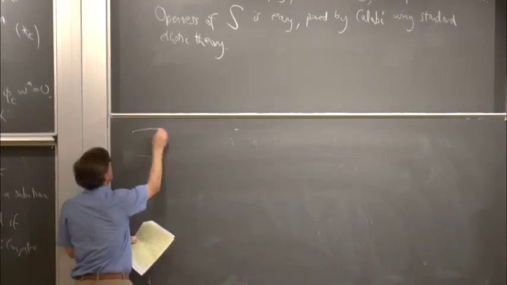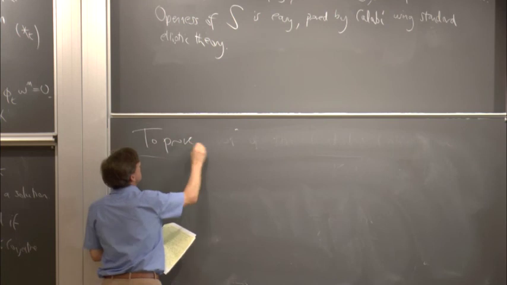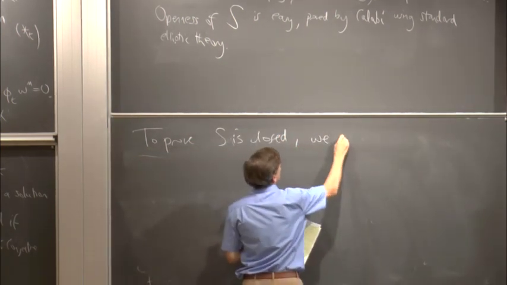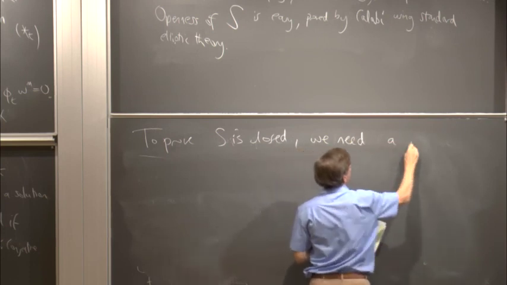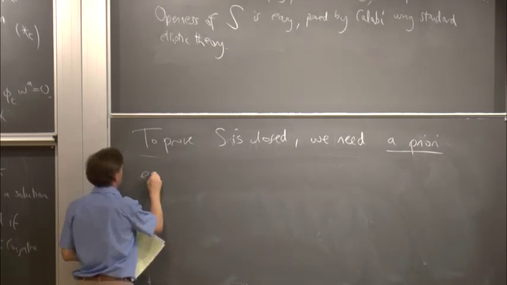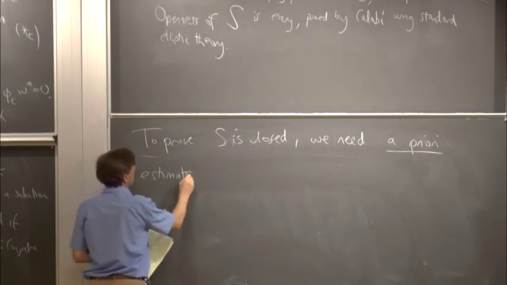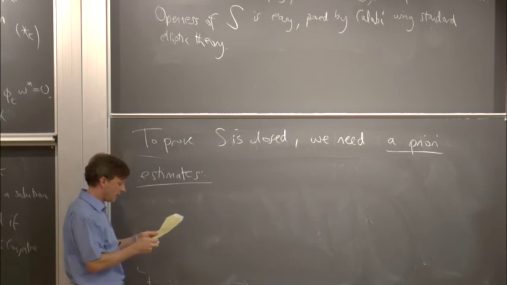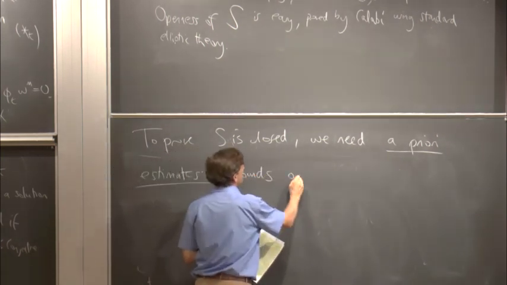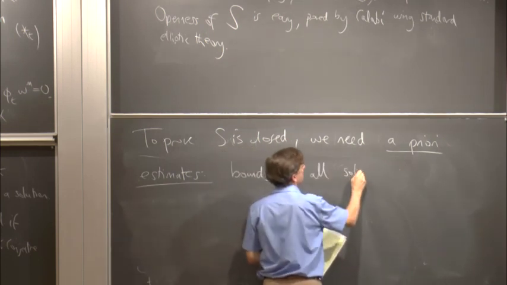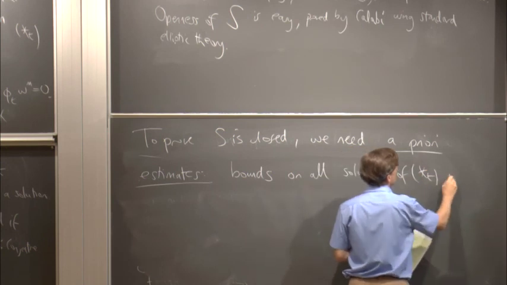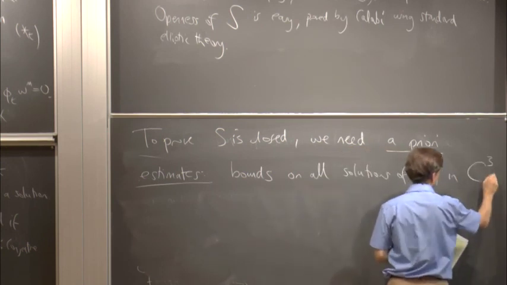So to prove S is closed, we need a priori estimates, things that say basically bounds on all solutions of star t in the Banach norm C3.